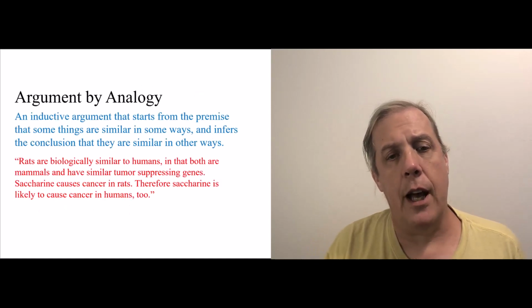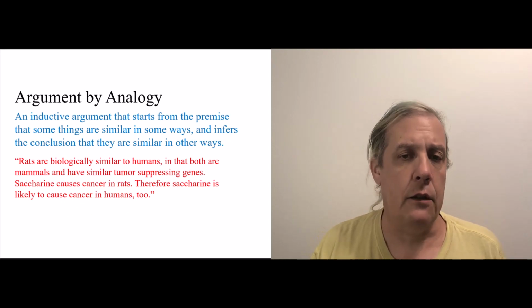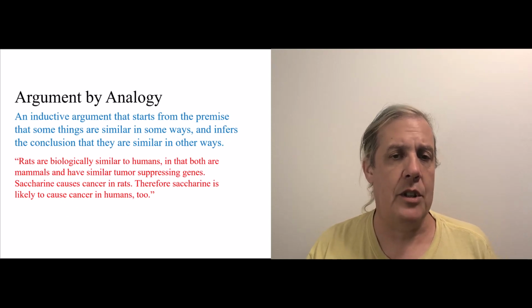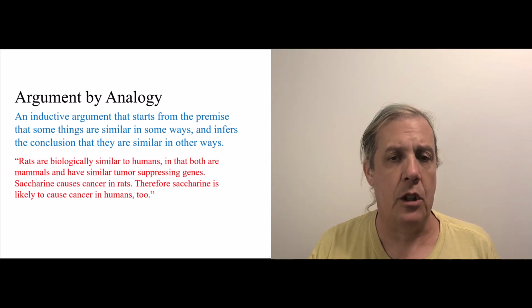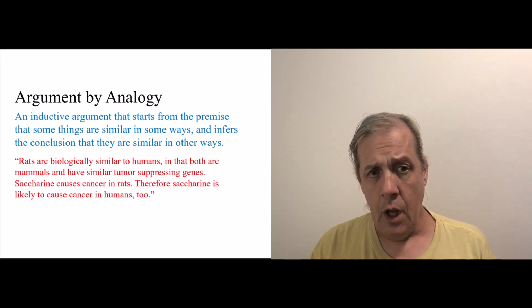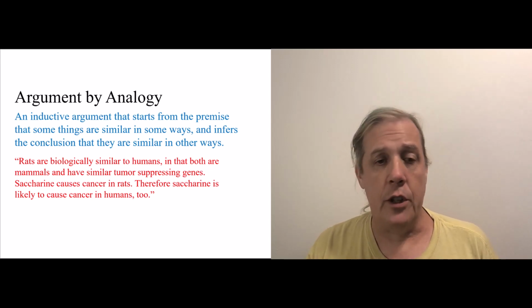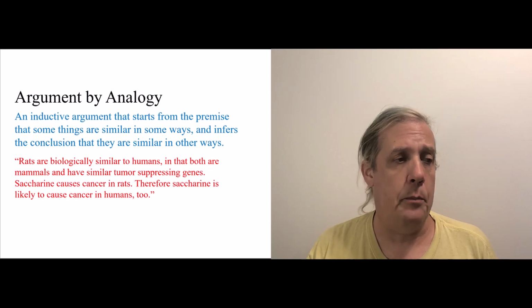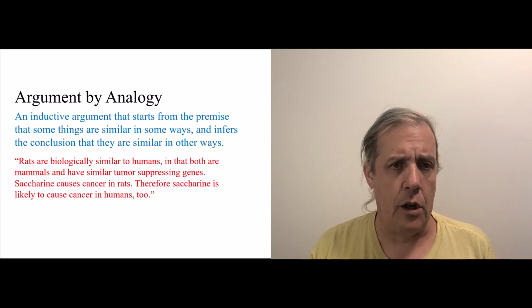An argument by analogy is an inductive argument that starts from the premise that some things are similar in some ways and infers the conclusion that they are similar in other ways. Okay, and so we introduced this example argument.